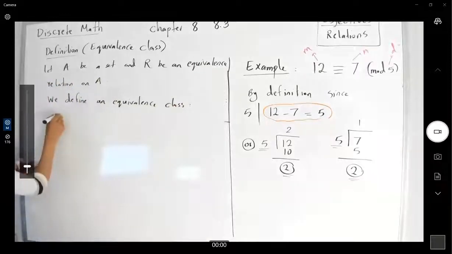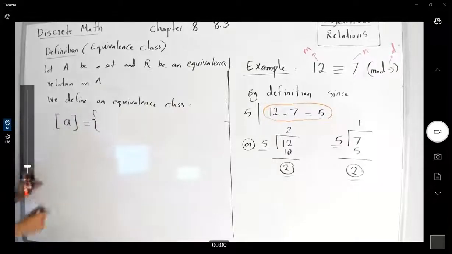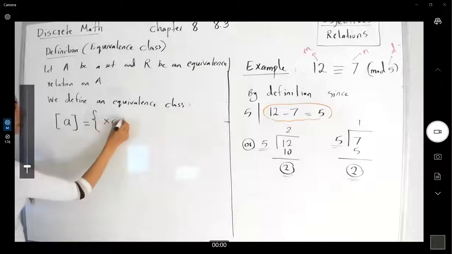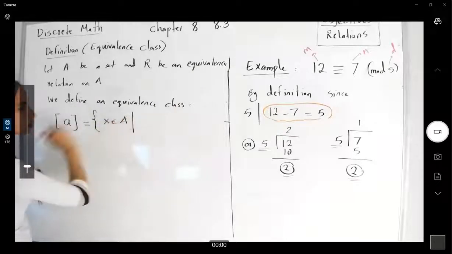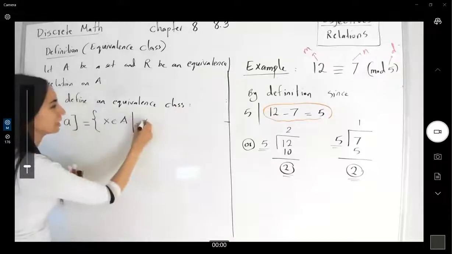You say that, hey, the equivalence class of a is equal to the set of all elements x in set A such that x is in relation with a.